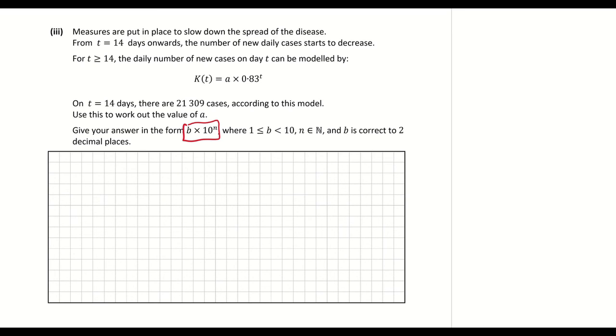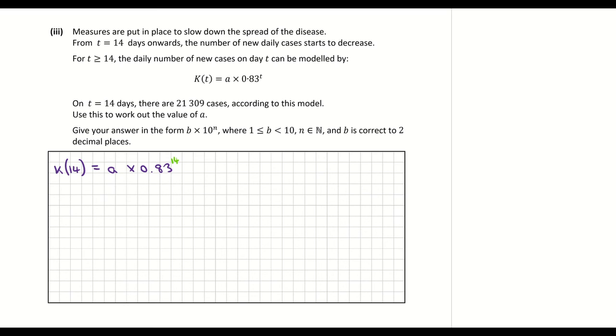Okay, so first of all, let's figure out how many cases there were on that day. So we know it's 21,000, but we have to solve for a. So let's fill that in. So k of 14 is equal to a multiplied by 0.83 to the power of 14. In my next line, we know the value of k of 14.